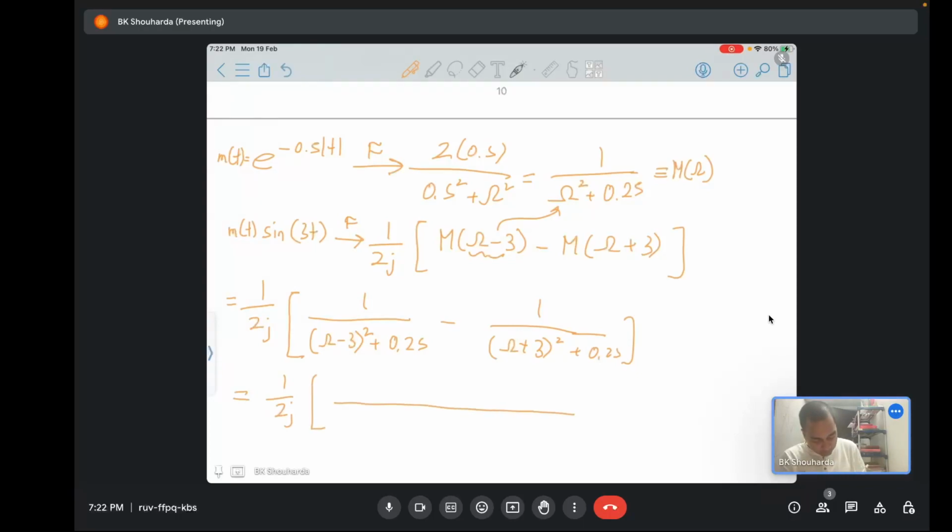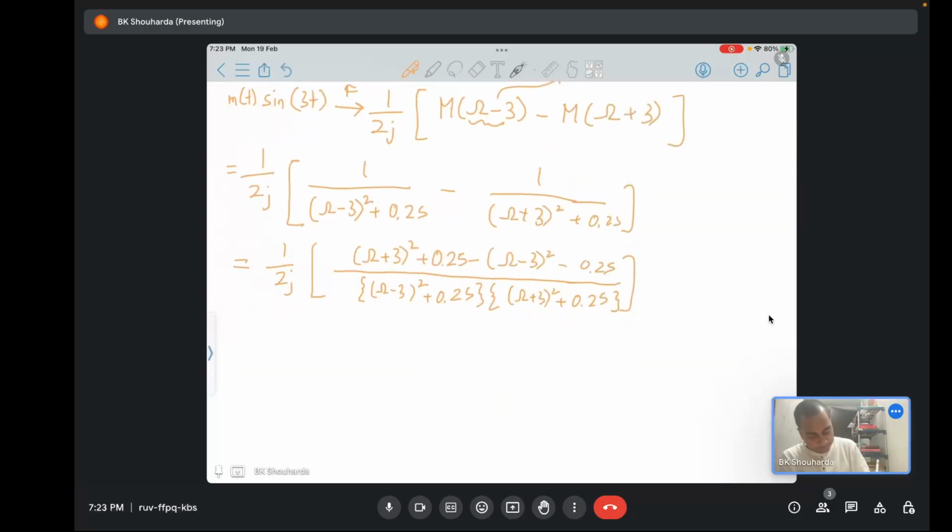Now there will be a bit of bad maths. Omega plus 3 whole square plus 0.25 in one denominator, and omega minus 3 whole square plus 0.25 in the other. Okay, let's cancel the common terms.